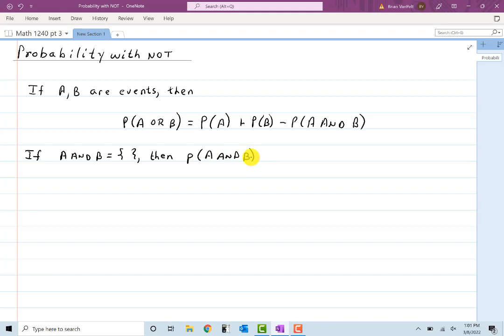Then the probability of A and B equals 0, since there's no items in the and part. In this case, A and B are said to be mutually exclusive.